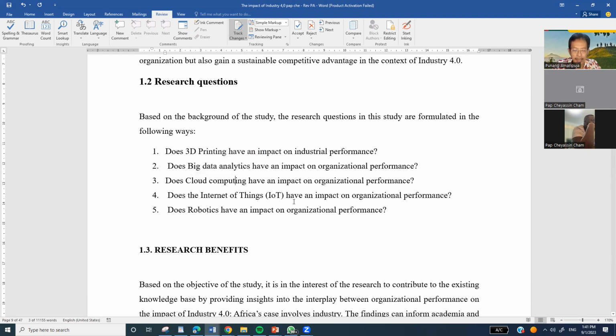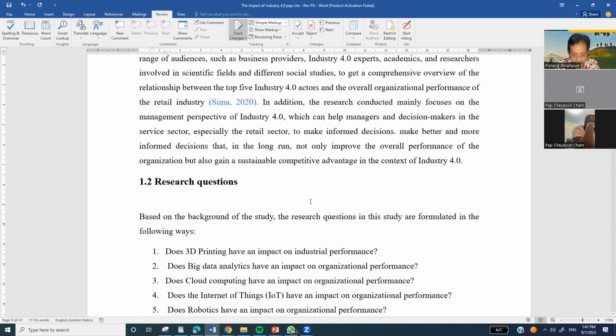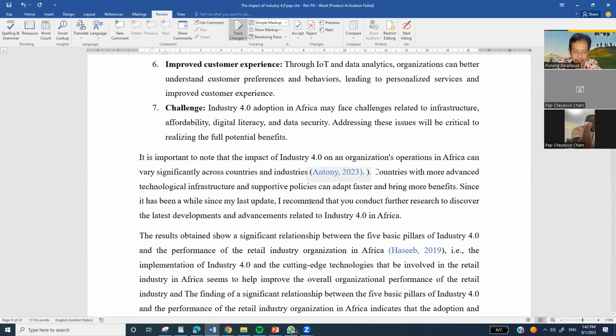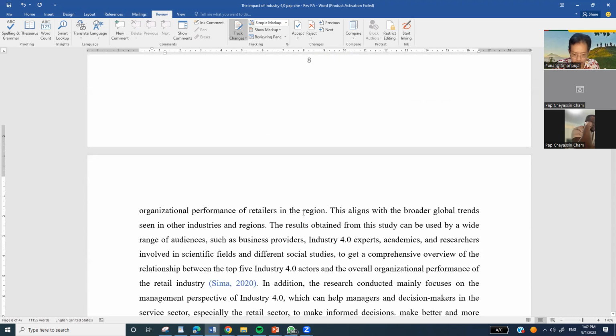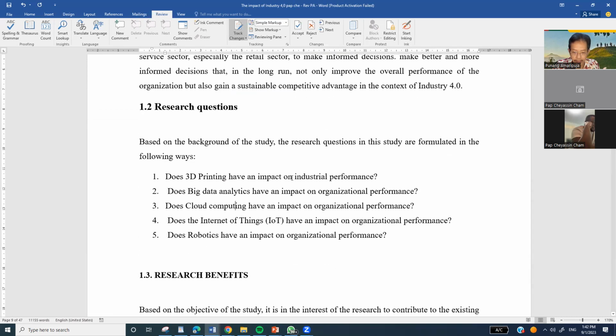Okay, and then after that, you might be able to ask about how their use of these technologies would be affecting their performance, the organizational performance.